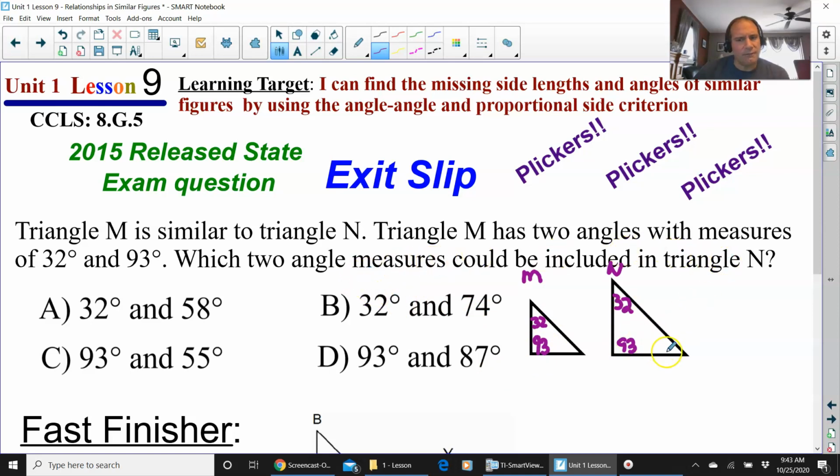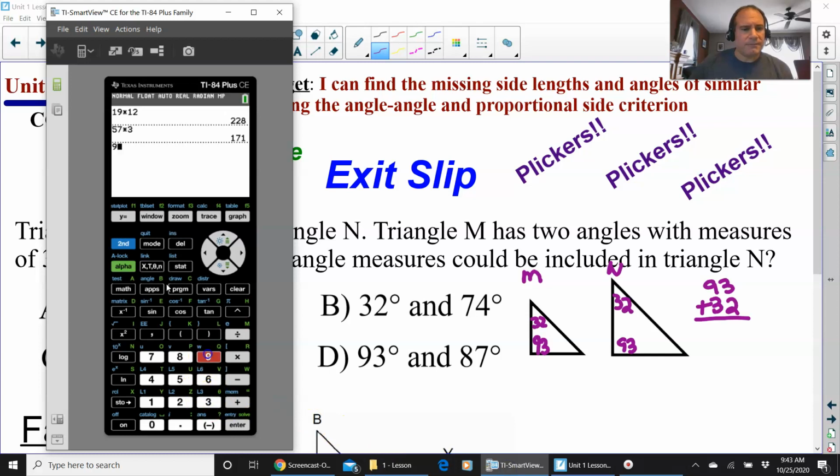So I'm going to try to find this angle measure. Since I know that interior angles of a triangle equal 180 degrees, I am going to do 93 plus 32. I have the calculator. 93 plus 32 is 125. 180 minus 125.